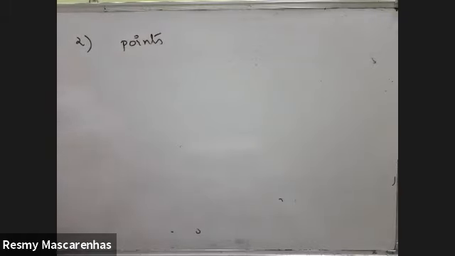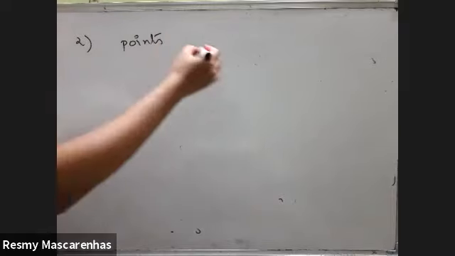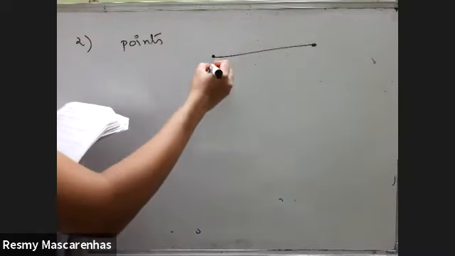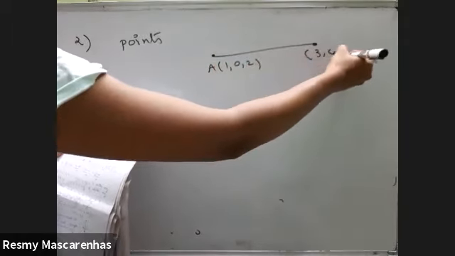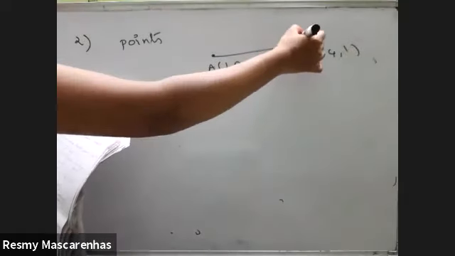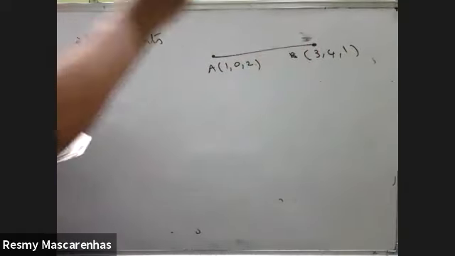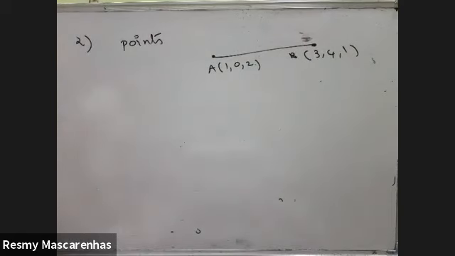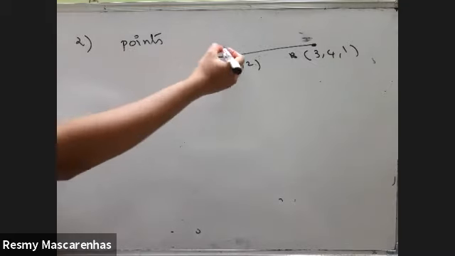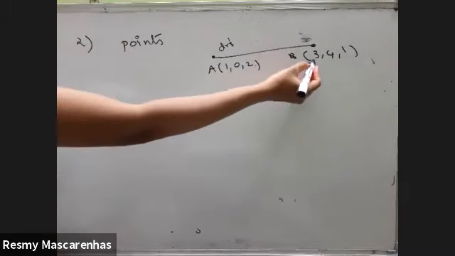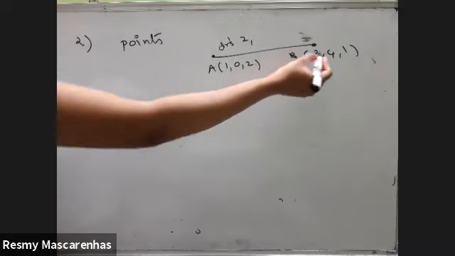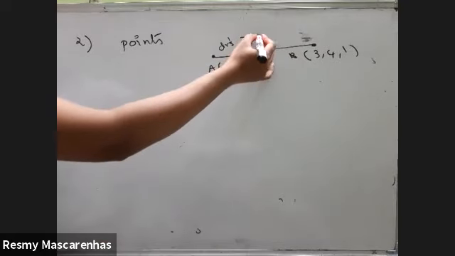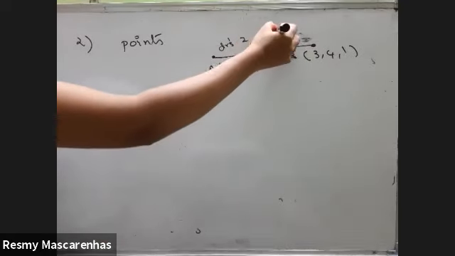The 2 points are given to you, A and B. To find the direction ratios of the line: 3 minus 1, that will be 2; 4 minus 0; and 1 minus 2 will be minus 1.